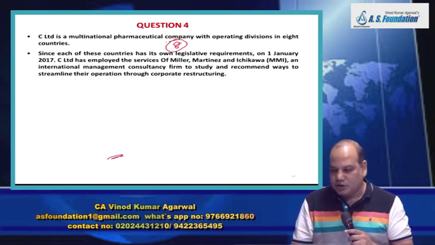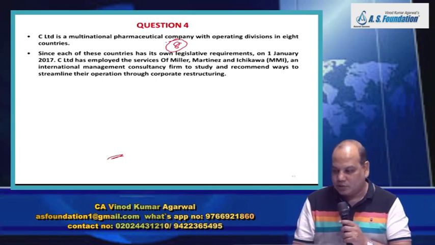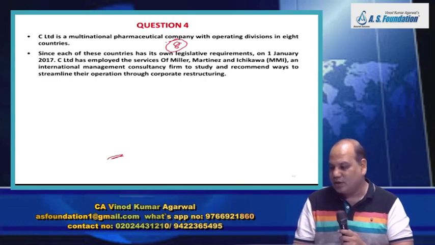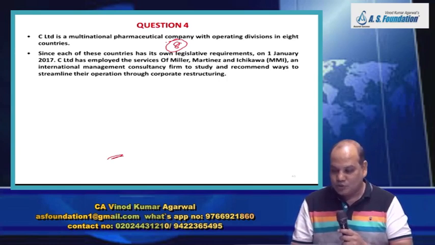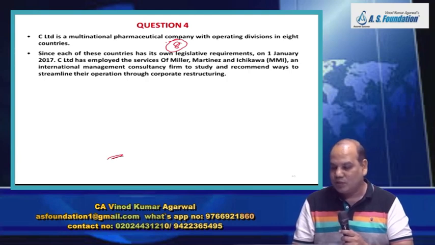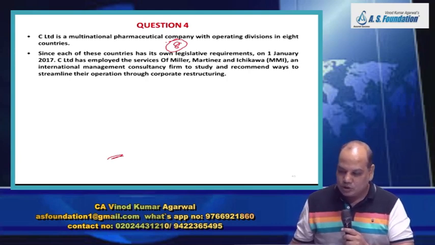Since each of these countries has its own legislative requirement, on 1st January 2017, C Limited has employed the services of Miller, Martinez and Ichikawa, MMI, an international management consultancy firm, to study and recommend ways to streamline their operation through corporate restructuring.